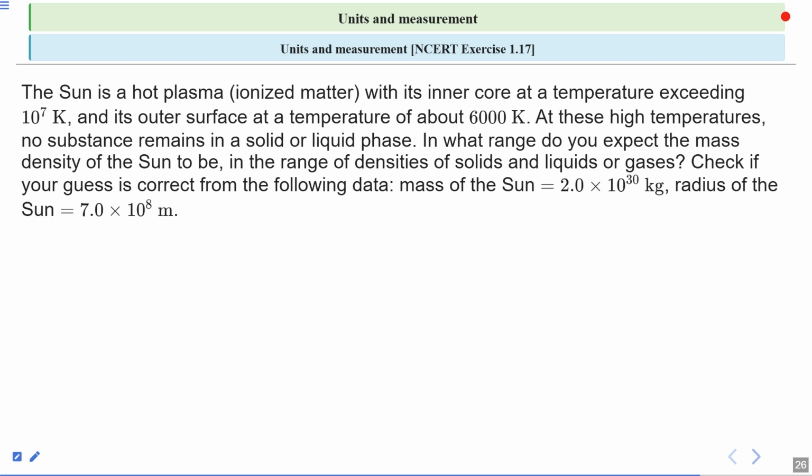So we know that for water the density is 1000 kilogram per meter cube, and for iron and everything it is like 5000, 10,000, right? So we know the density ranges of solids, liquids, and gases, so we can compare and find in which range the density of the sun is.